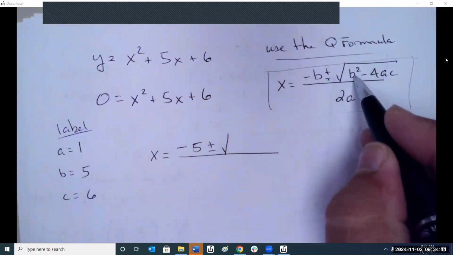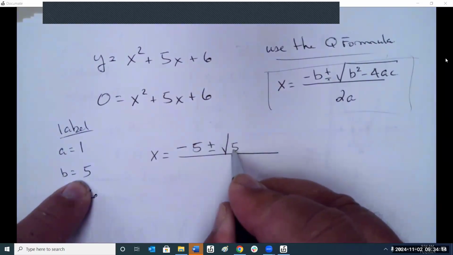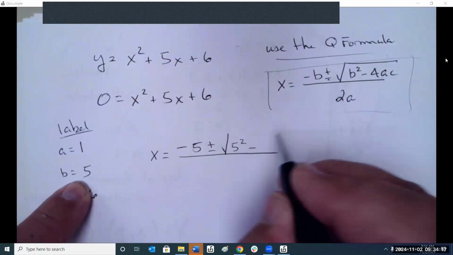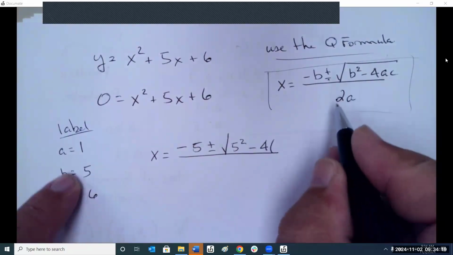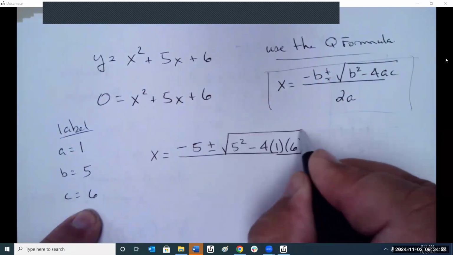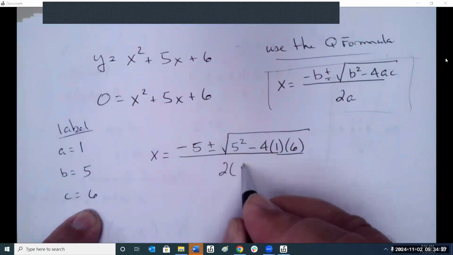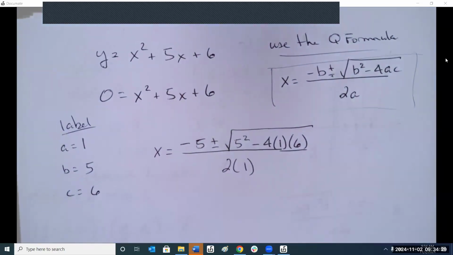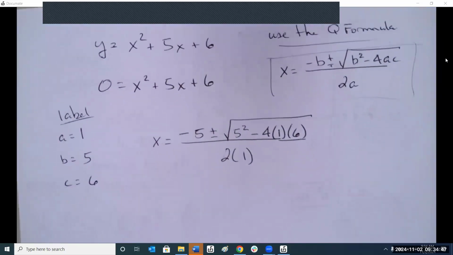Square root of B squared minus 4 times A times C, over 2A. The quadratic formula is just an easier way to find the x-intercepts than factoring, because not all equations are factorable. And we're going to do that one next.